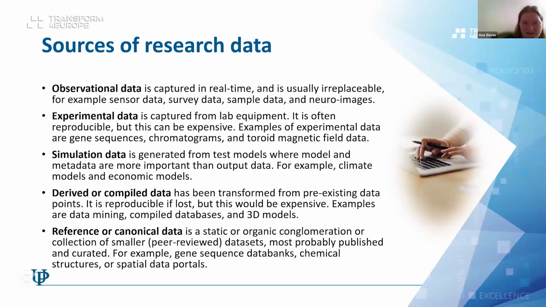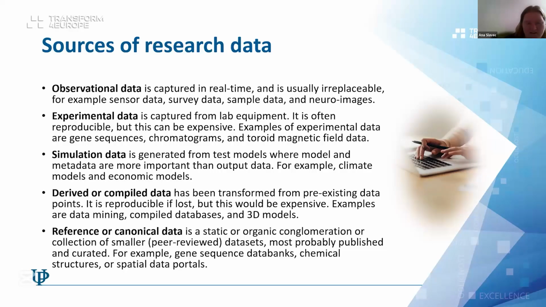We have different sources of data. We have observational data that is captured, data in real time. For example, if we talk about engineering, it may be based on sensor data, or in social science, it could be survey data. So depending on the research field, there are different sources, but what is common is that it is data based on some observation.